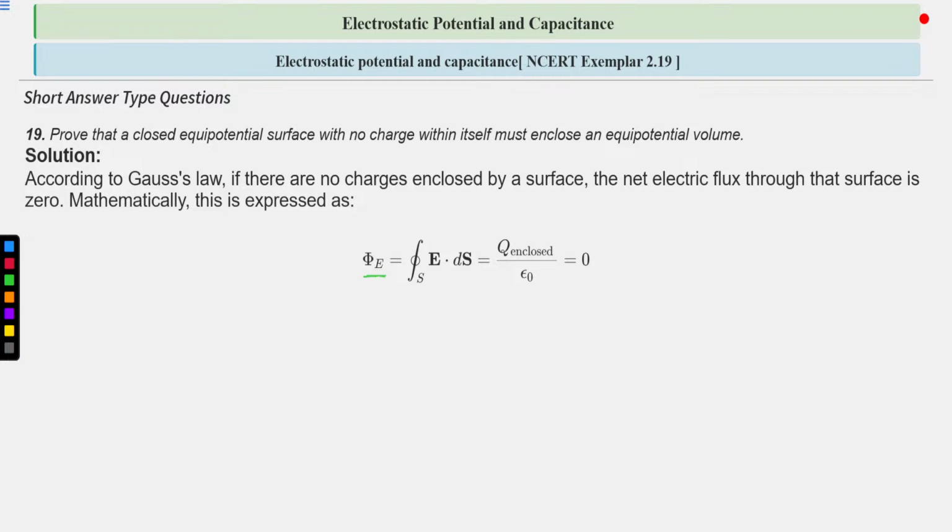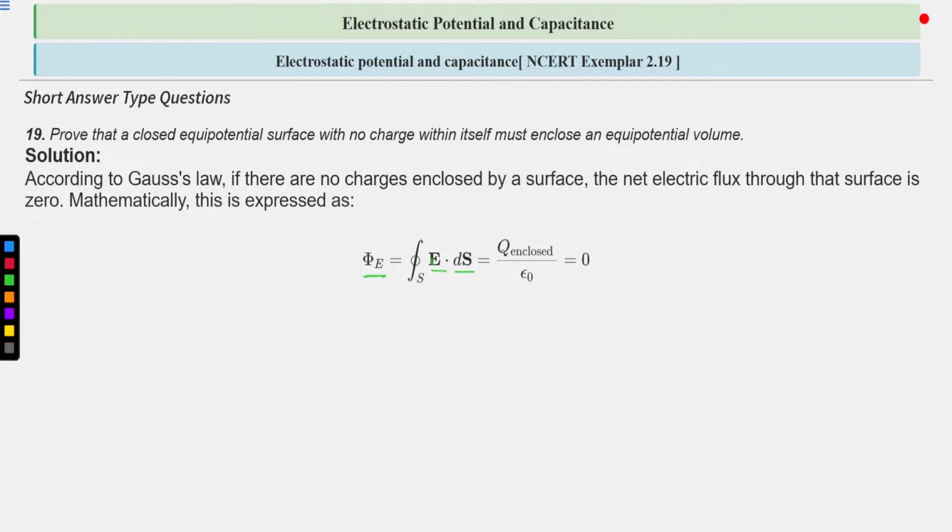electric flux through any enclosed surface equal to the closed integral over that surface of E dot dS. Okay, so electric field dot area element over the whole enclosed surface, which is equal to Q enclosed divided by epsilon naught, which is 0, because we have to prove now that there is no charge enclosed.